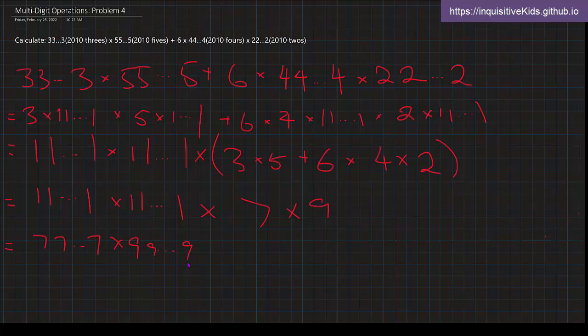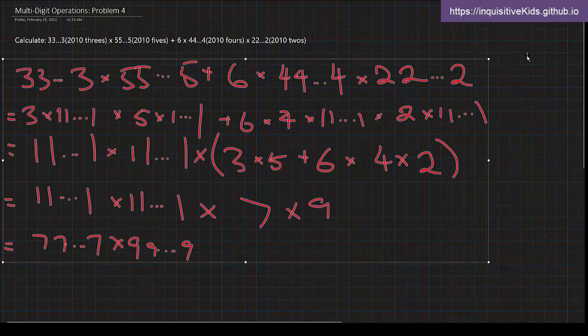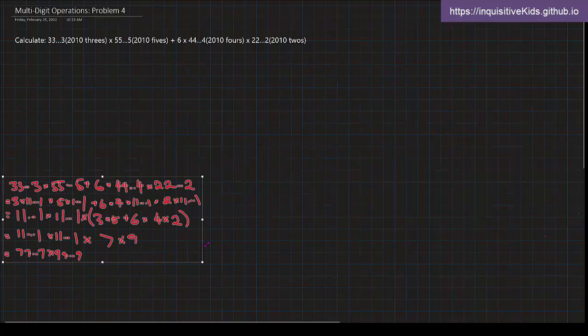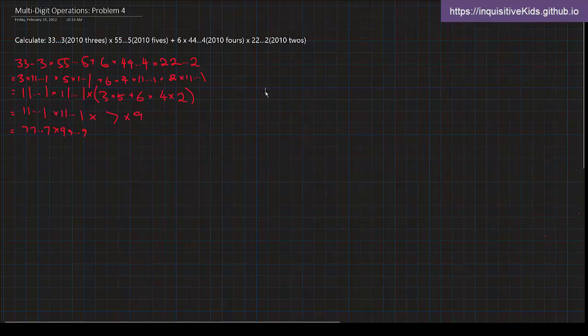Now this is where it gets interesting, because we see nines appear. And that's part of the reason why we split 63 into 7 and 9.